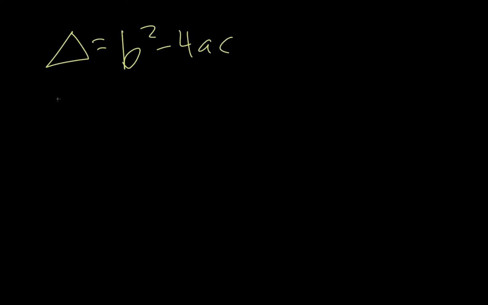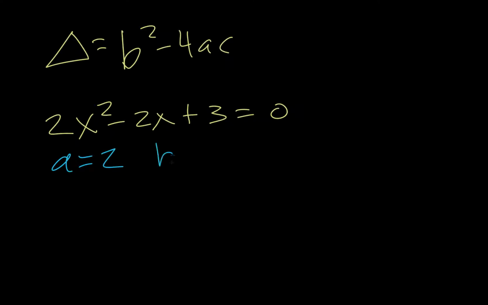So on example 12, part A, it gives us this quadratic equation. And we're going to start it the same as we did the other two problems. We're going to say A is 2, B is -2, C is 3. But we're only going to use the discriminant.